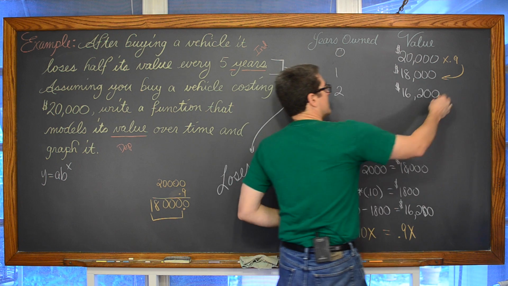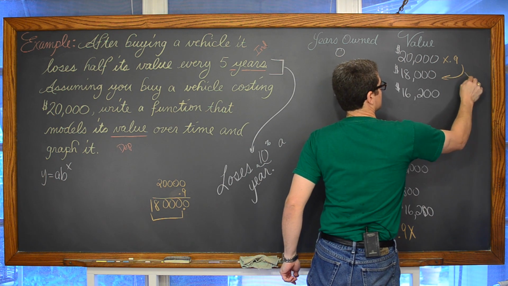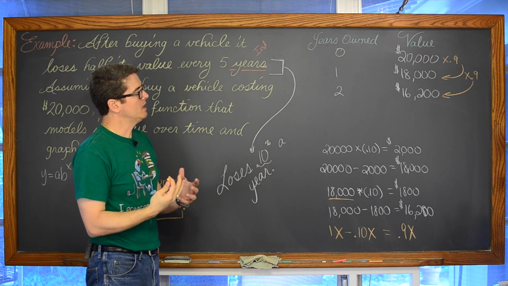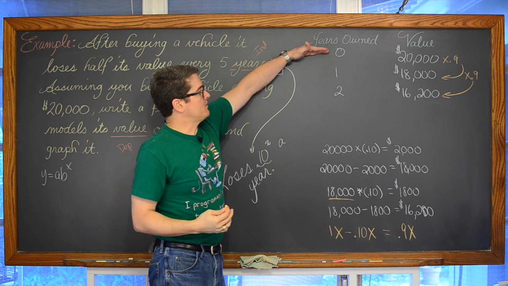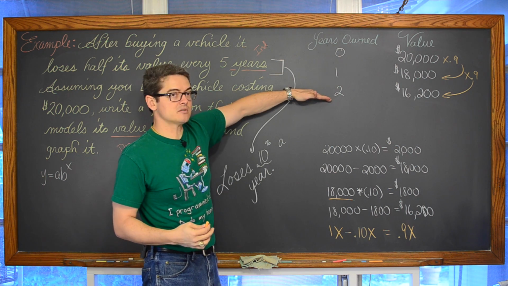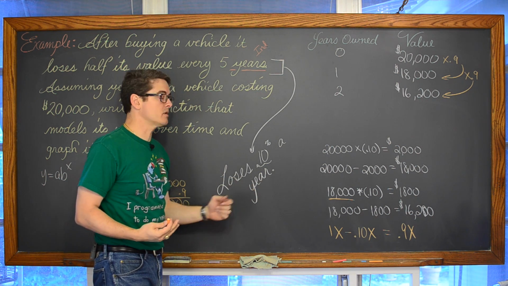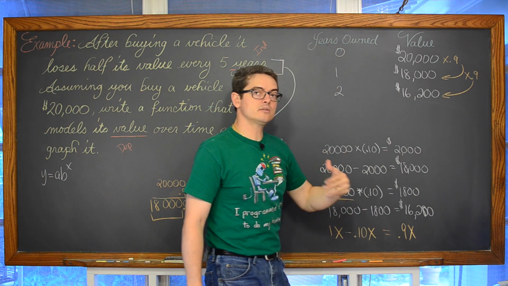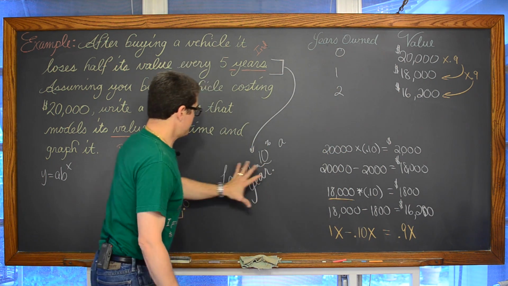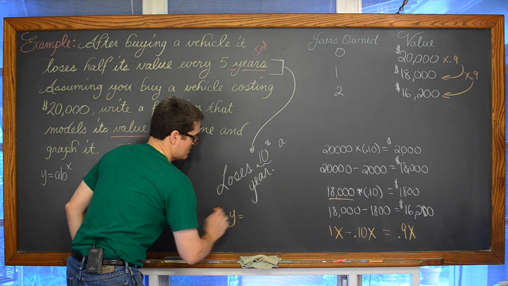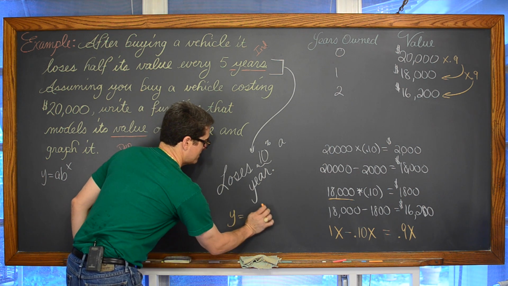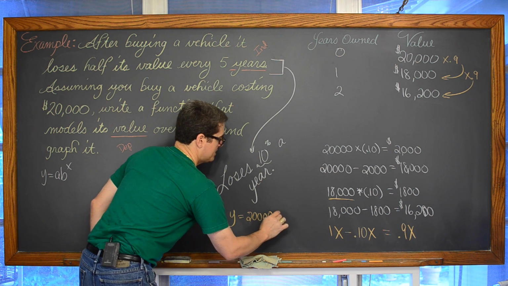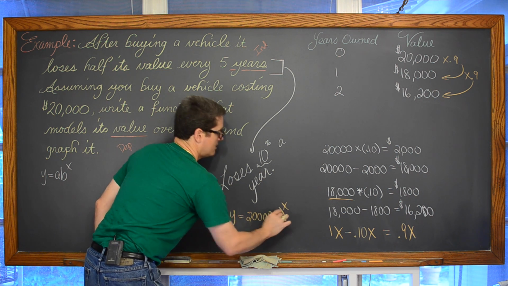If you want to repeat that process again, you take 18,000 and multiply it by 0.9 to get to 16,200. So as we go down the table in equal increments of 1 year, which matches my rewording of the problem, we're multiplying by 0.9 to get the next value. So with this setting, our equation would be y is equal to the initial value of 20,000 times 0.9 raised to the x.